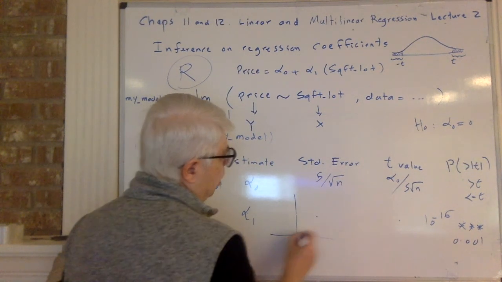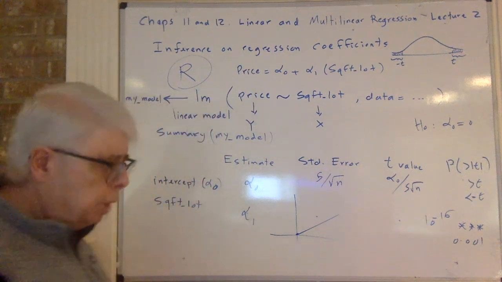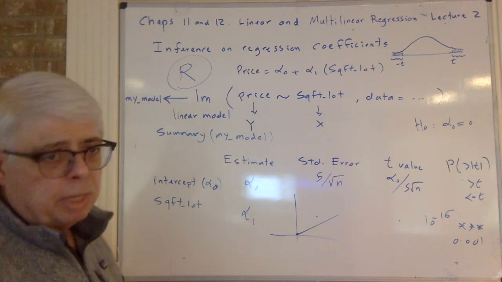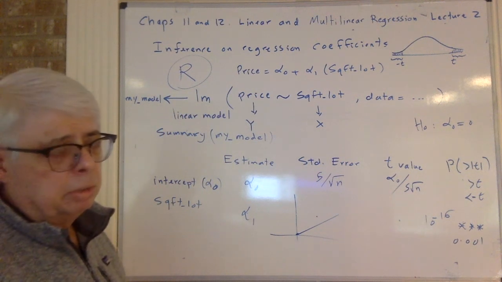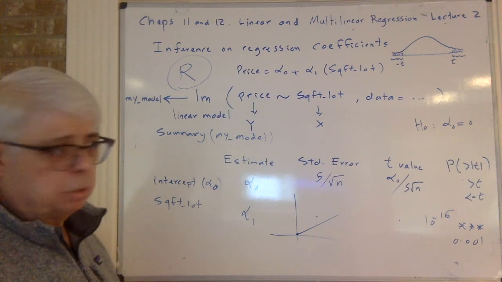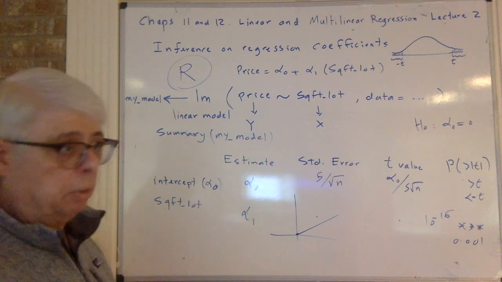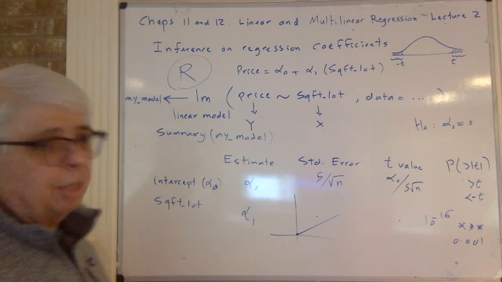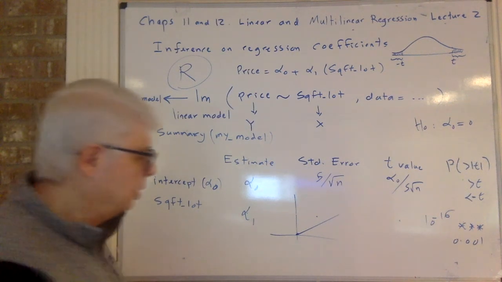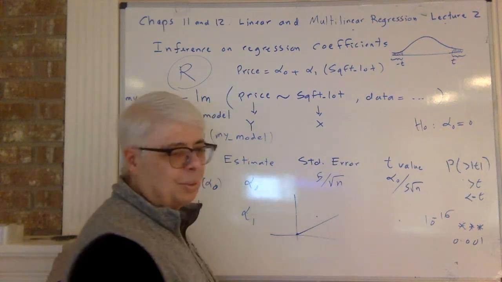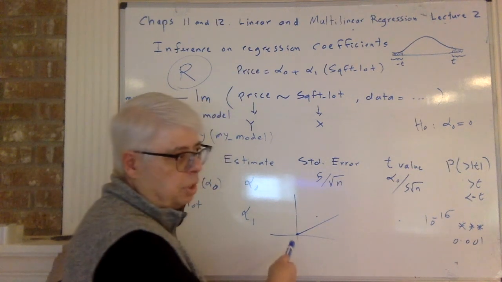It means that the line starts here, which makes sense. If you have a house without any area, that is square foot of blah, blah, all of them 0, then the house has no value, right? So even this calculation tells you that the intercept is almost 0.